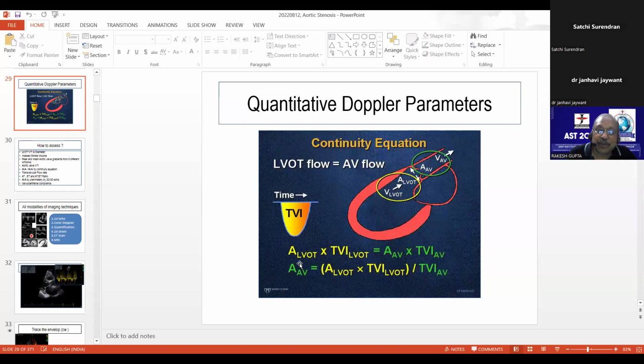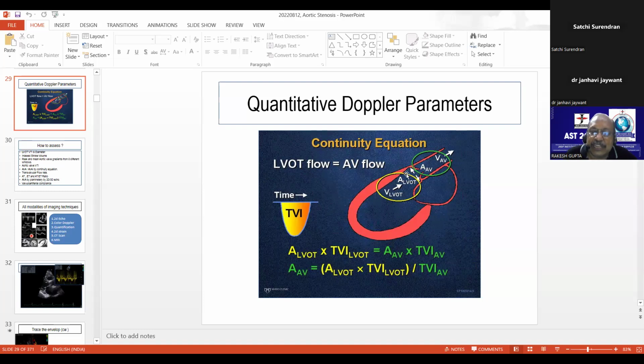So area at LVOT is pi r square into LVOT VTI, or TVI, it is the same thing. That was 26.71, which is equivalent to area of the aortic valve into aortic valve VTI. So whatever blood flow is flowing through the LVOT has to flow through the aortic valve. Correct? So we have this parameter of LVOT with aortic valve, LVOT area.